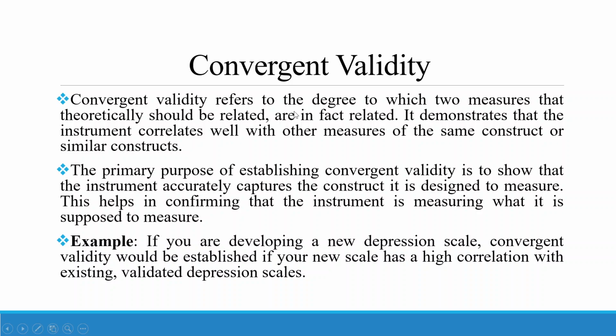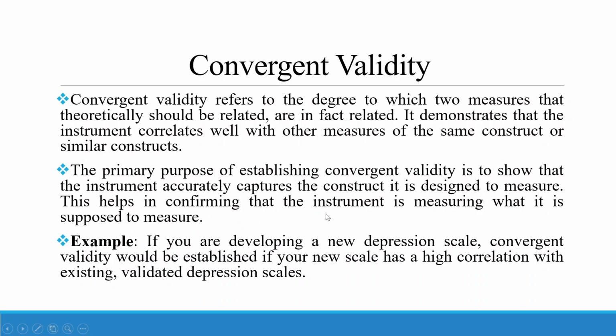Convergent validity refers to the degree to which two measures that theoretically should be related are in fact related. It demonstrates that the instrument correlates well with the other measures of the same construct or similar constructs. The primary purpose of establishing convergent validity is to show that the instrument accurately captures the construct it is designed to measure.